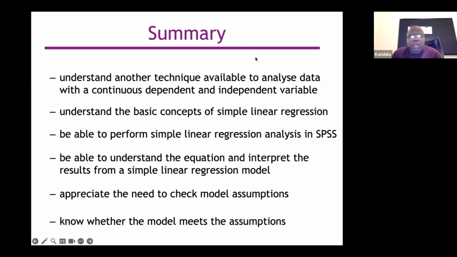So now we can go through the summary. I hope you understand the technique apart from the correlation. You are able to understand the technique of how to analyze continuous dependent and independent variables, and that is the regression, linear regression analysis.